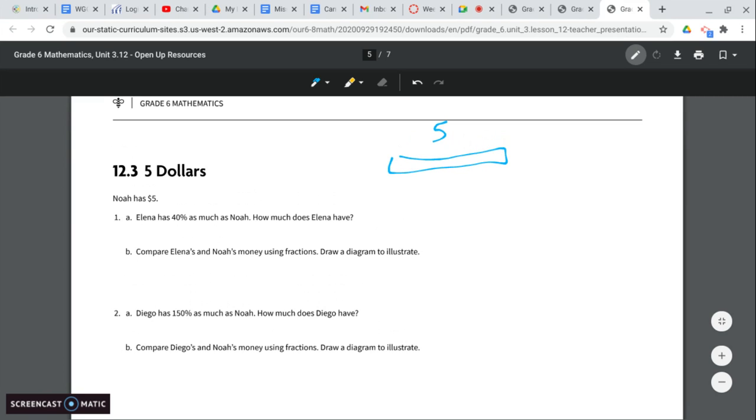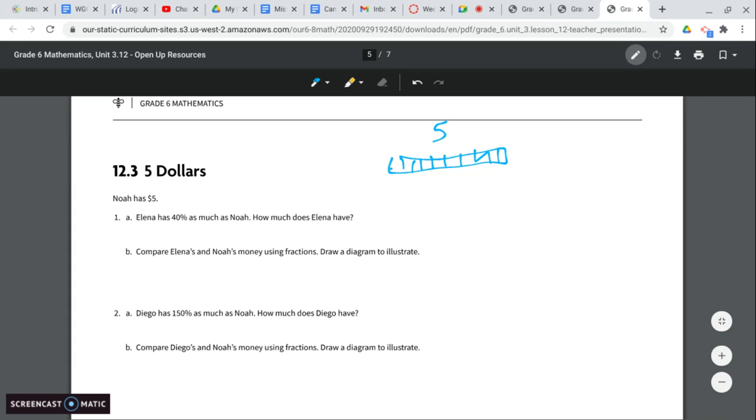So if we find what 10% is, I drew that wrong. 1, 2, 3, 4, 5, 6, 7, 8, 9. So if we find what just 10% of it is, then we can find what 40% is. By splitting this into tenths, 5 divided by 10 would be a half.